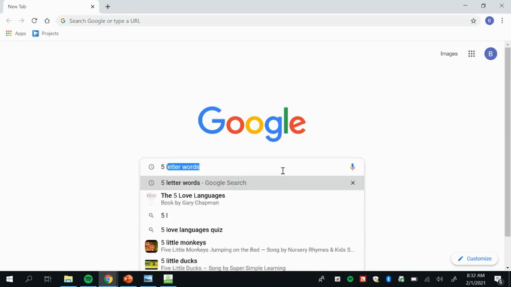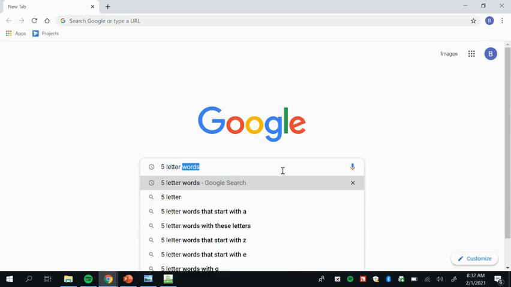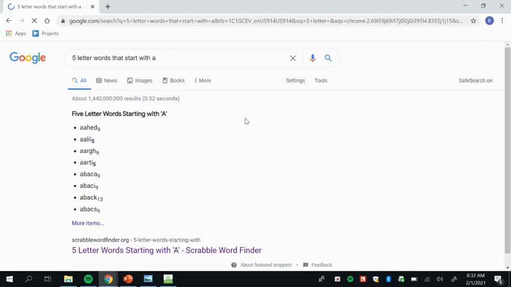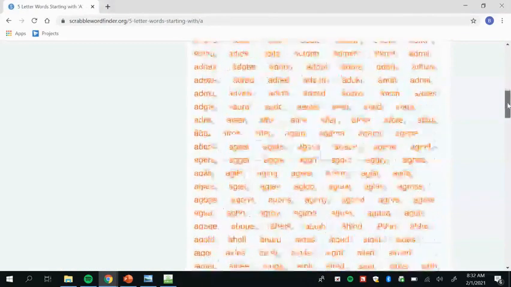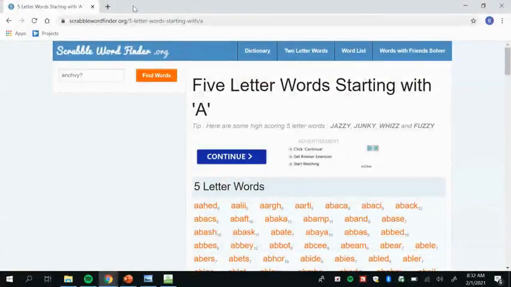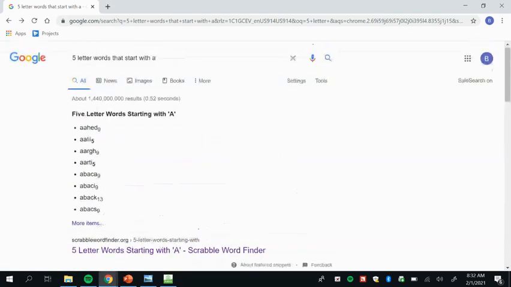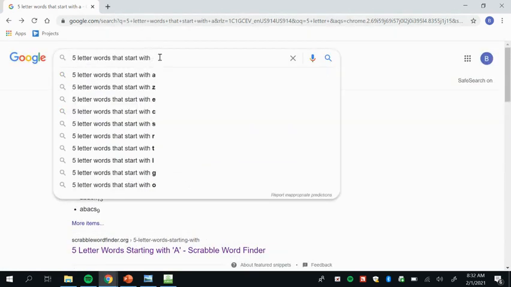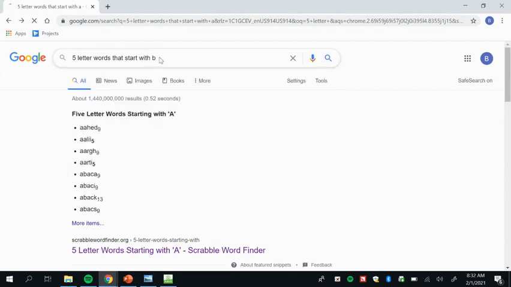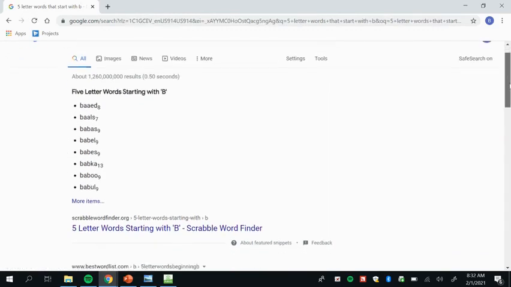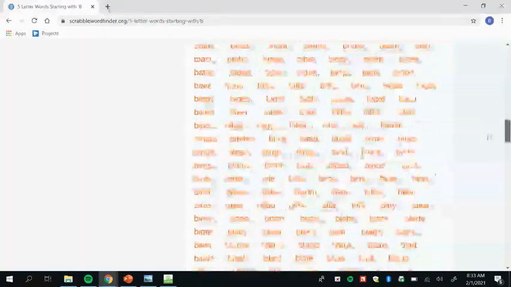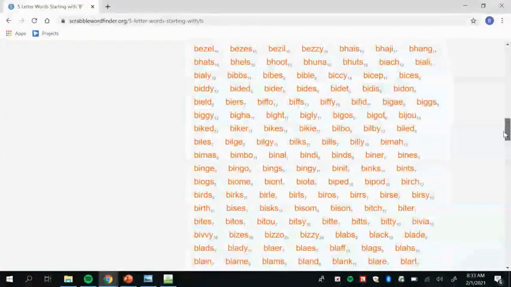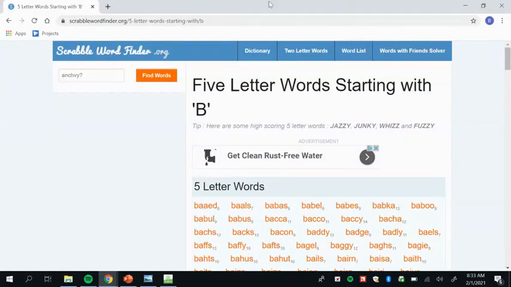You can see I've already been looking at it: 5-letter words that start with the letter A. You can then go to the Scrabble word finder, and it gives you all the words that start with the letter A. You can do the same thing with the letter B. Maybe your name starts with the letter B and you want to use a word that begins with B. You can use any of these words too, just make sure it's school appropriate. That's how you can choose a word.